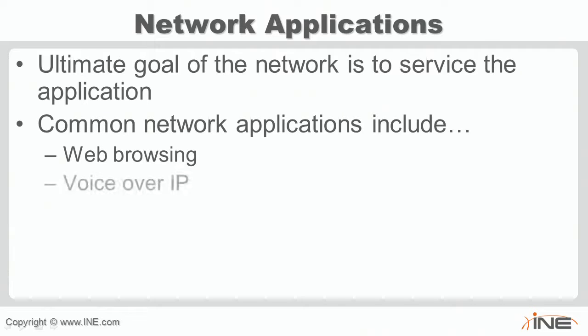Web browsing, IP telephony or voice over IP, which are making your phone calls over the data network as opposed to a separate voice network. Video applications, whether this is real-time, like video conferencing with telepresence for Cisco, or whether it's non-real-time stuff like YouTube videos, for example. Email and database replication.